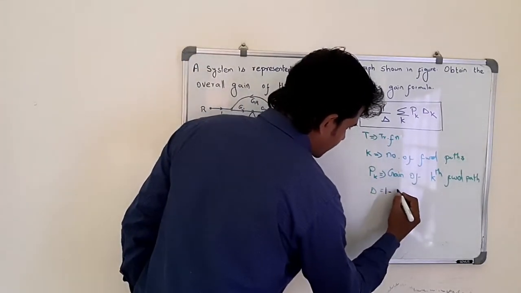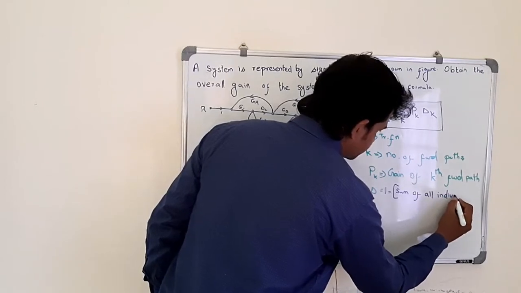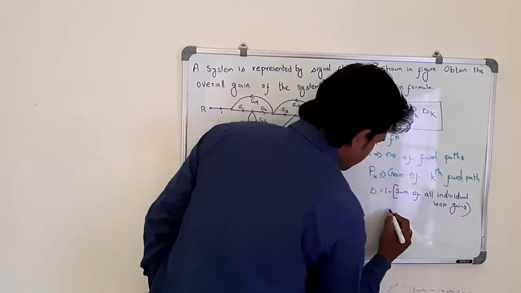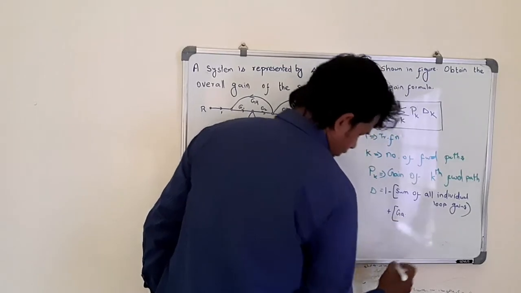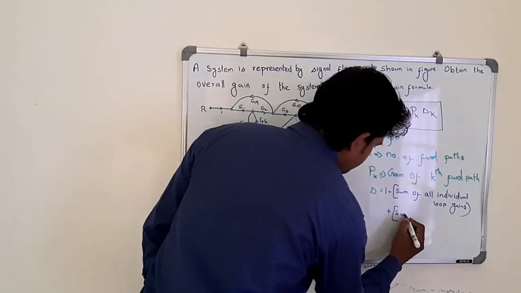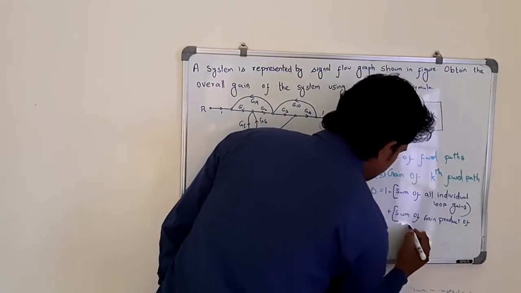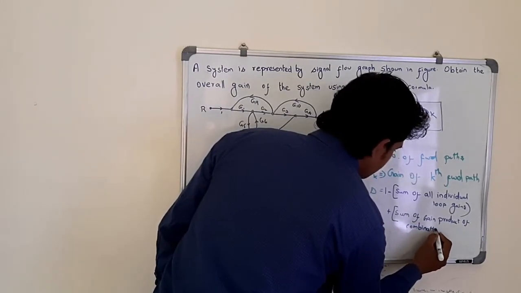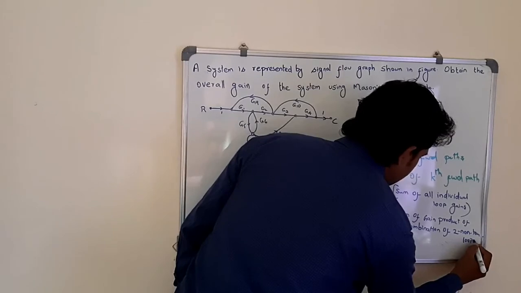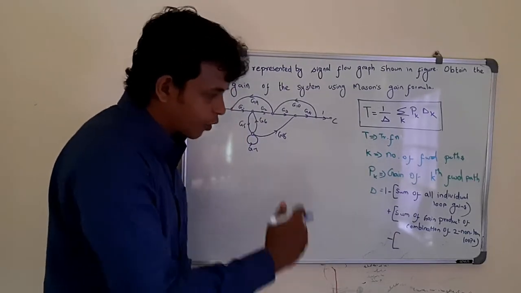It is 1 minus the sum of all individual loop gains, plus the sum of gain products of two non-touching loops, minus the sum of gain products of combinations of three non-touching loops, plus the sum of gain products of combinations of four non-touching loops.